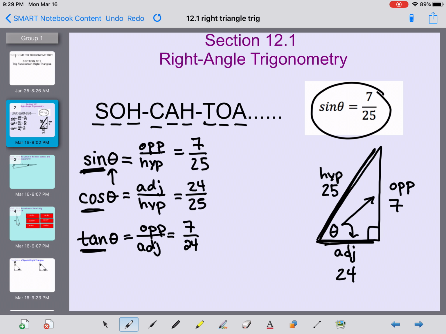And all lowercase for our letters. This theta could be any symbol, right? Theta is just the most common symbol. It could be tangent of x, where x is a degree of angle measure. It could be tangent of a, right? You can use any variable or symbol you want there, but theta and x and a are the most common.